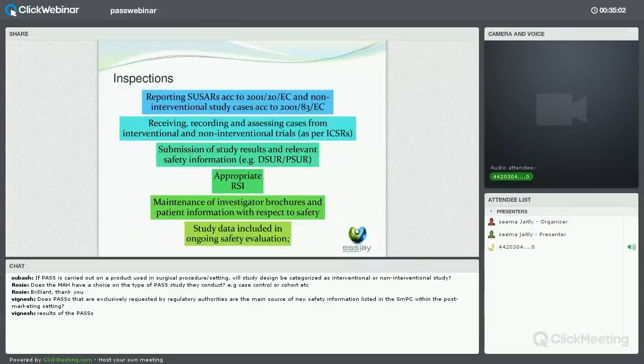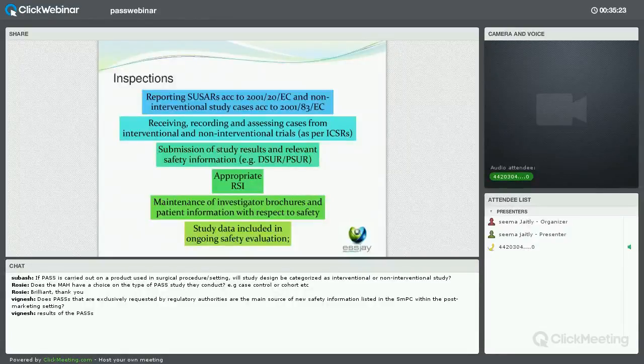Results of the PAS. Okay, it depends really on what the results are, because the results could be that nothing further needs to be done, in which case you wouldn't update your SPC. But if the results show that there is some evidence there and it does impact on your product profile, then you would need to update the SPC.